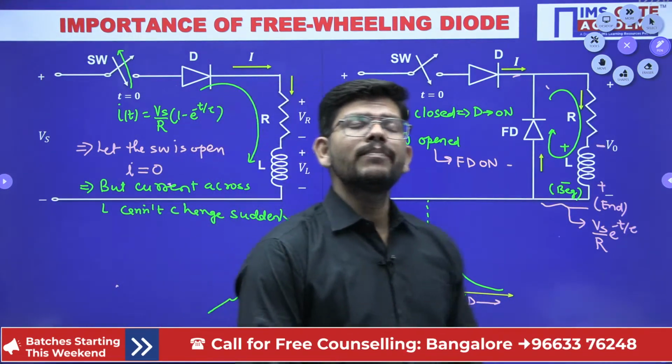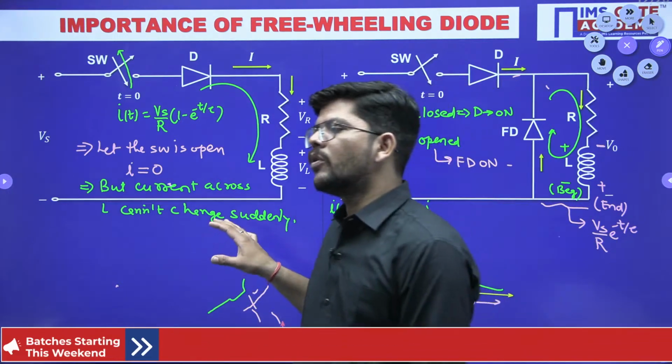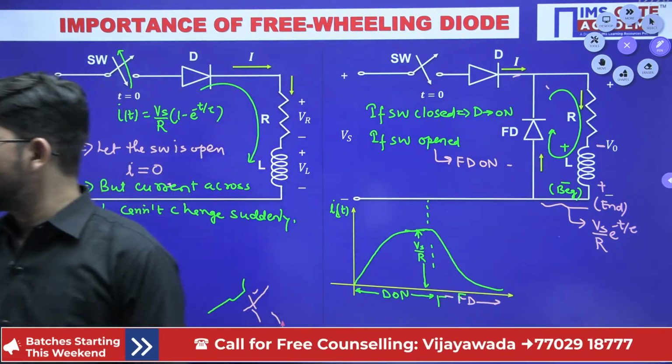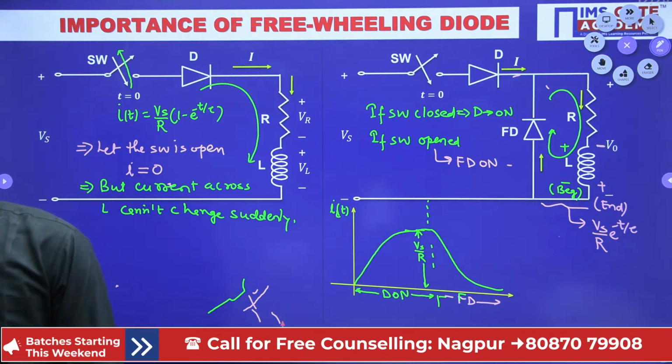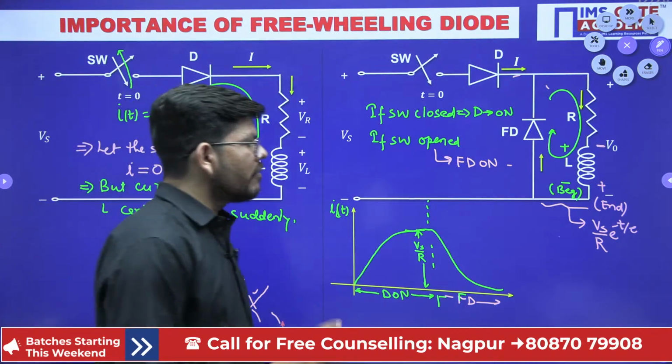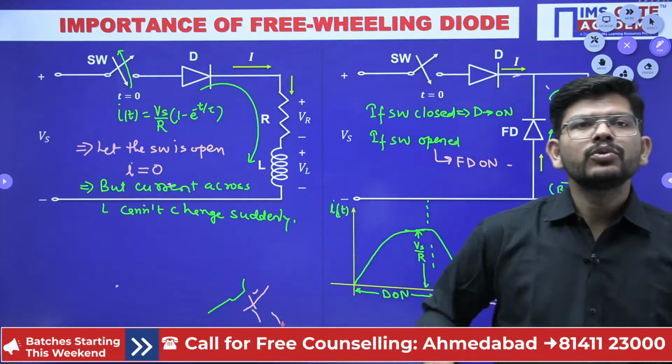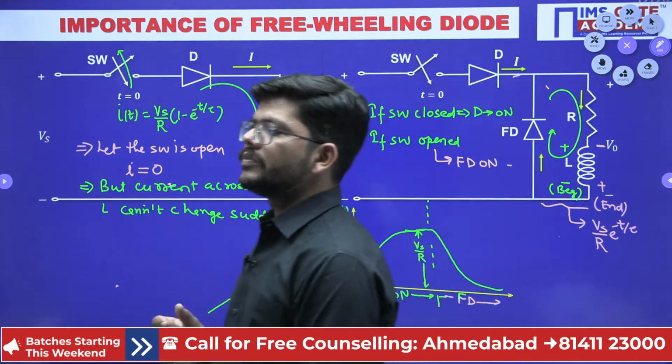This type of waveform behavior we are going to plot again and again in power electronics. RL circuits are very important to analyze. So what is the purpose of this freewheeling diode?